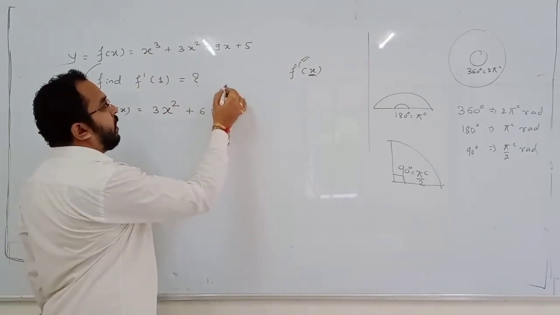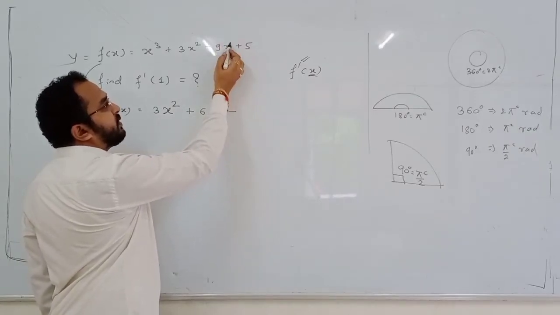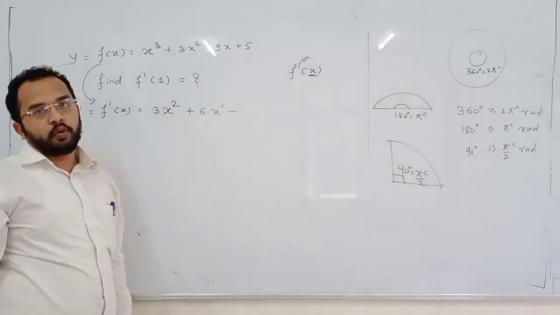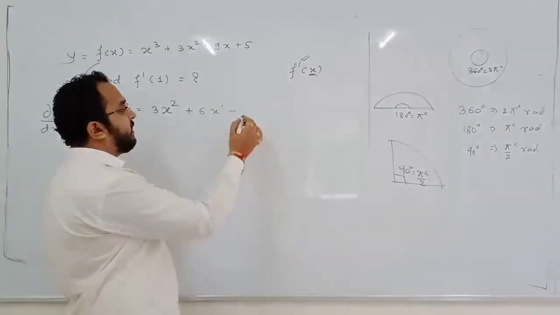Here 9x, here power is not given, that means power is 1. So 1 will come to numerator and power becomes 0. And anything to the power 0 is 1. So it will be minus 9.